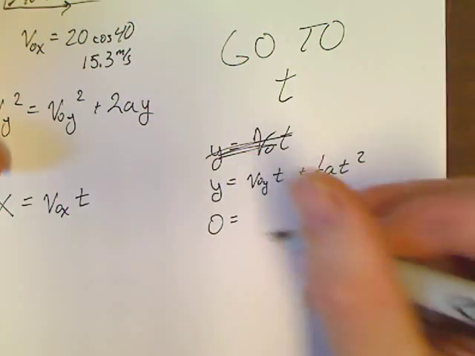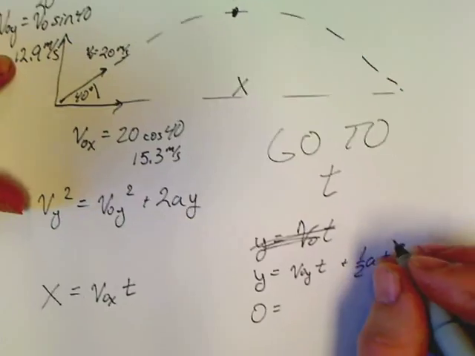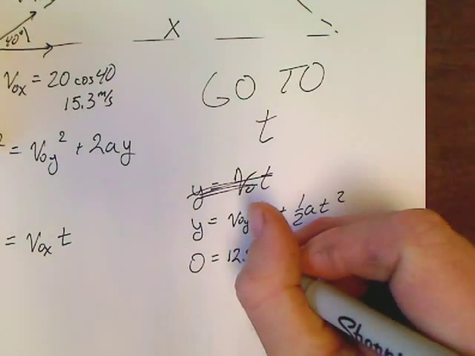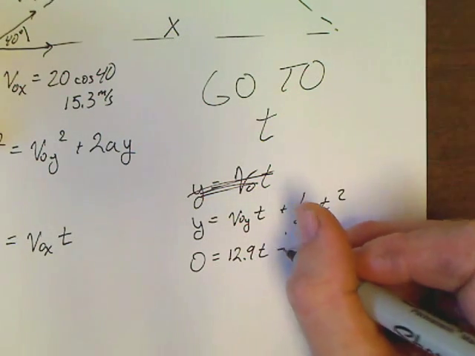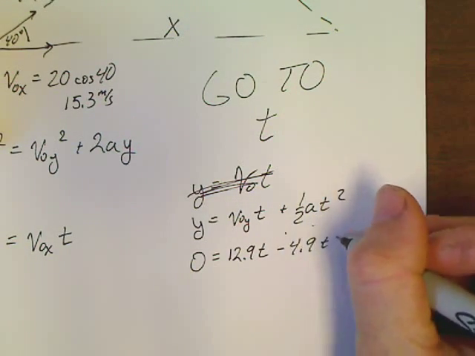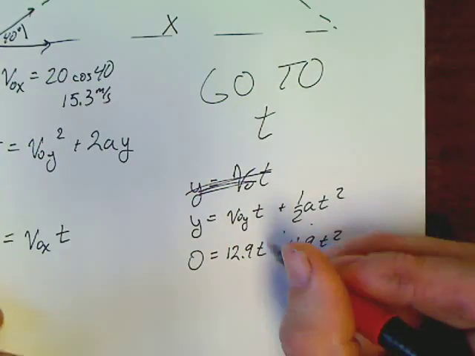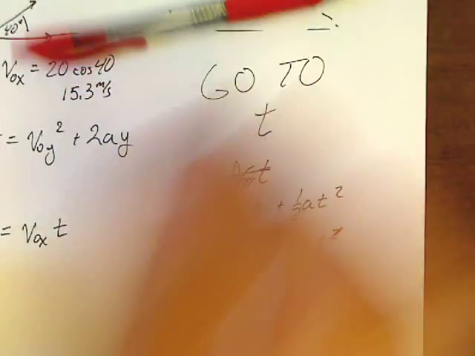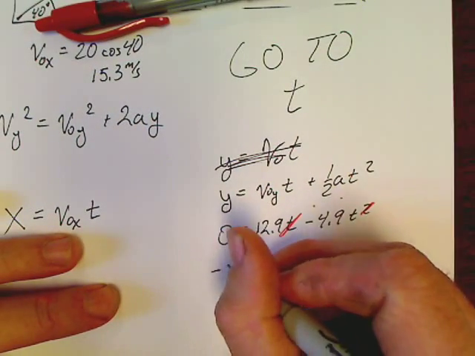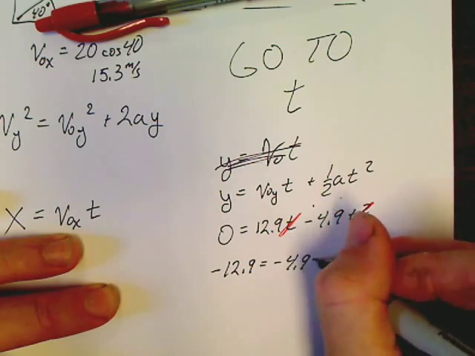If my y is 0, VOY, you've calculated, is 12.9, times T, plus half of negative 9.8, which is negative 4.9 T squared. Since this is 0, that T cancels that square. Now look at this. Negative 12.9 equals negative 4.9 T.